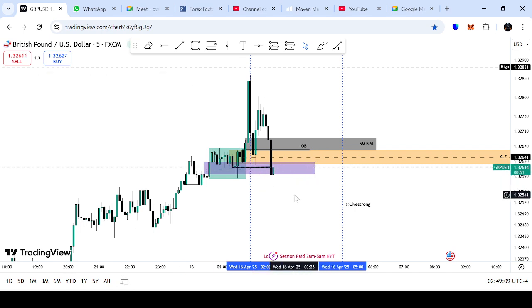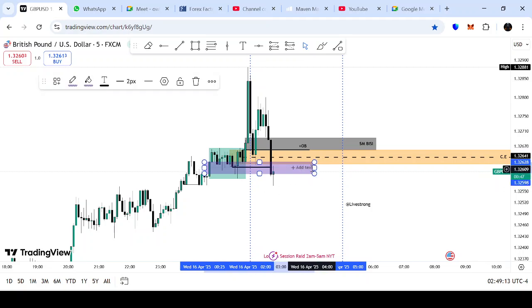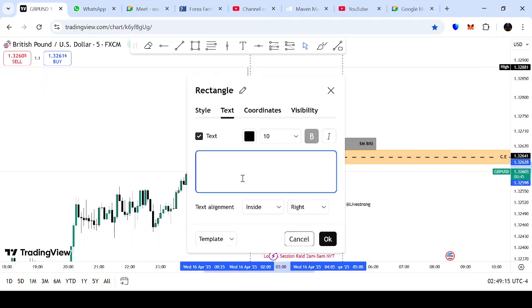That's an inefficiency. BC. Buy side imbalance, sell side inefficiency.